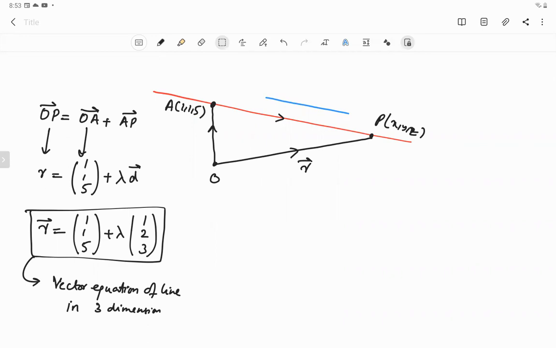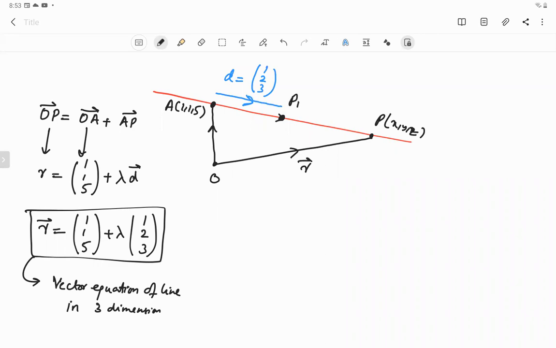I'll have to redraw this direction vector. I want to draw the direction vector in such a way that it should start from A. Now like this. When lambda is 1, the point P is over here.